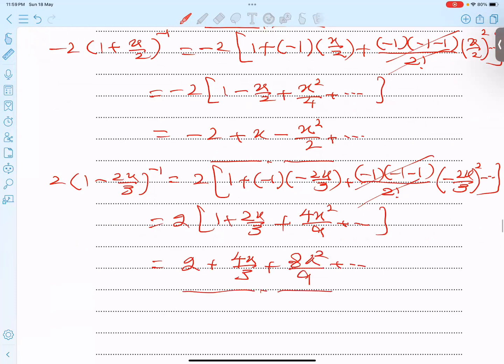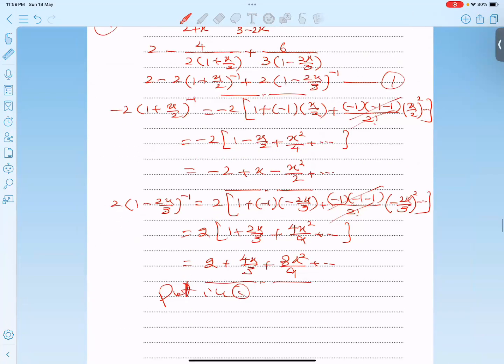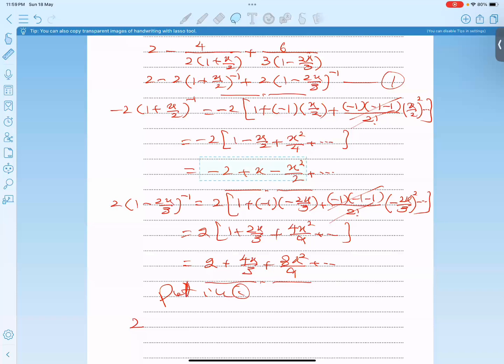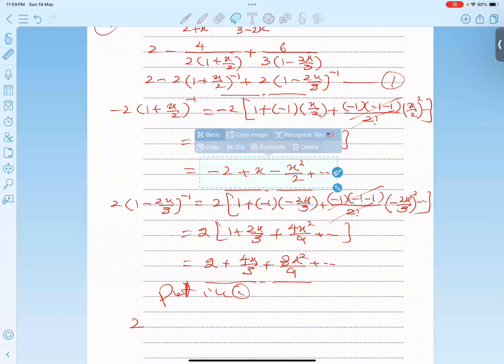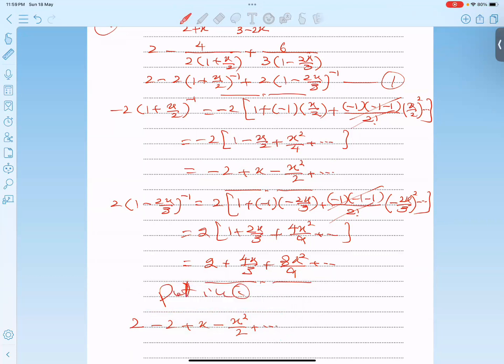Now, students, I'm going to plug in all the values in 1. So when I put in 1, this 2 remains the same as it is. I'm not changing it. But all three values, I get it, and I'm going to copy from here and paste here. I hope the point is very clear.